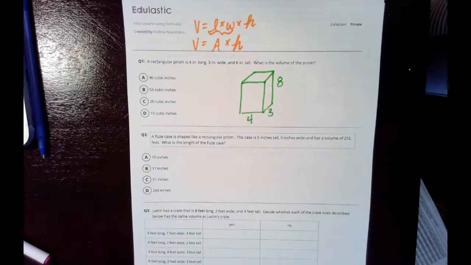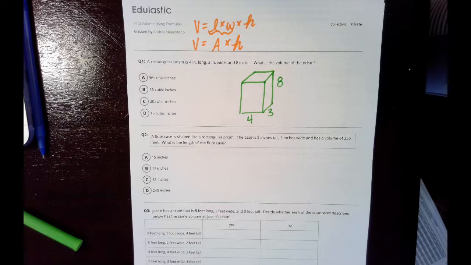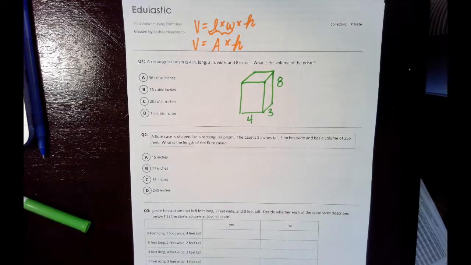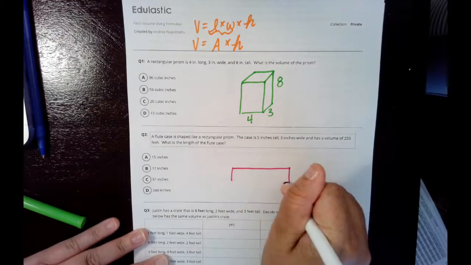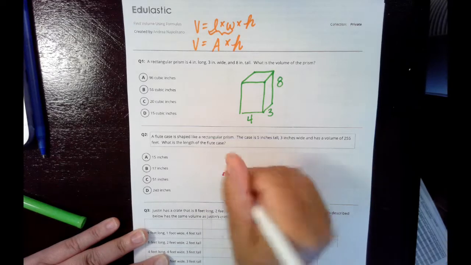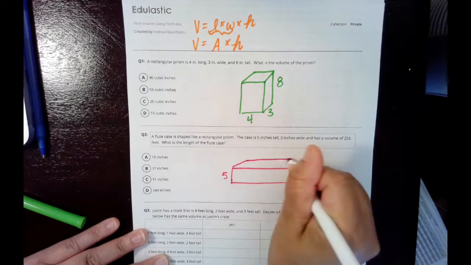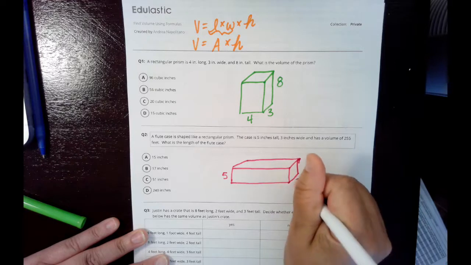Okay, number 2. A flute case is shaped like a rectangular prism. The case is 5 inches tall, so it's kind of like this. 3 inches wide. So 5 inches tall, 3 inches wide, like that.